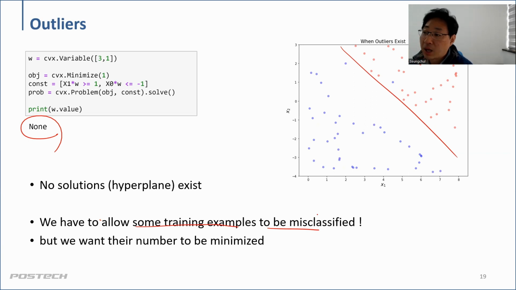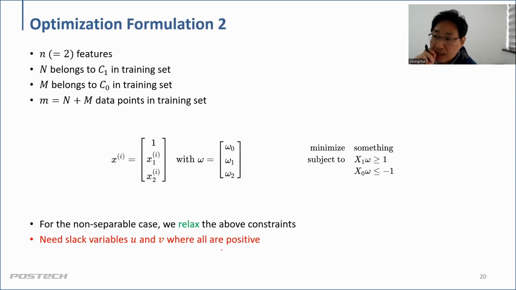Some of the data points might be misclassified, but we want to minimize those numbers. That's the key idea. And let's see how the brilliant people did it.